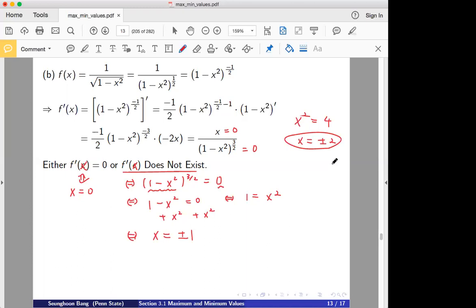This is the main idea for critical numbers: the main thing is local maximum and local minimum. What does it mean? We may have a local maximum or local minimum at critical numbers. This is the reason that we learn critical numbers.